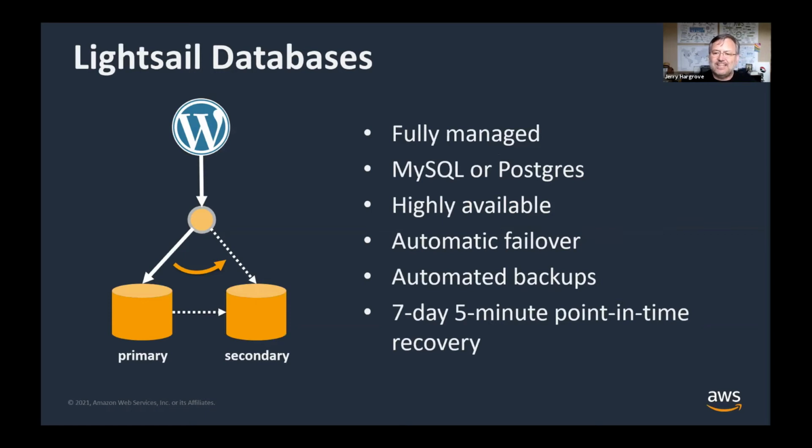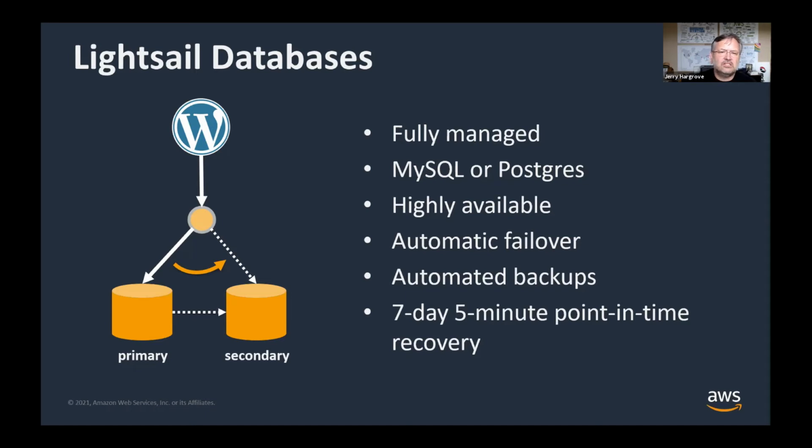So Lightsail Databases are fully managed databases that you can launch, in this case MySQL or Postgres, that are already highly available, such that you can point your WordPress instances to these and already have the level of high availability that you're looking for. They handle automatic failover.